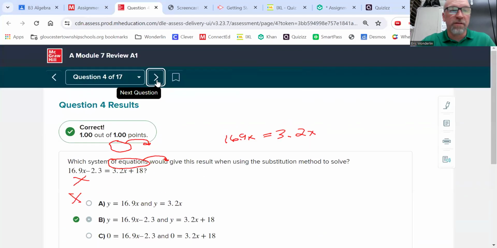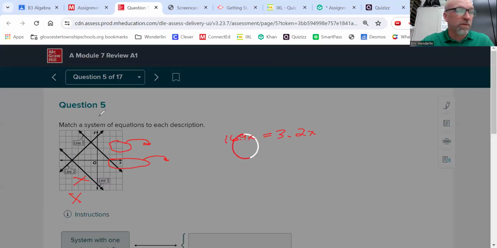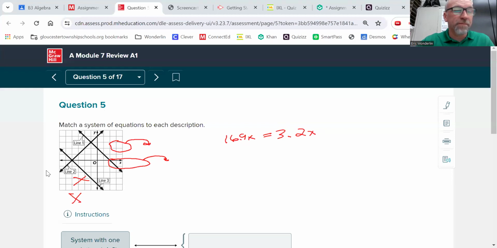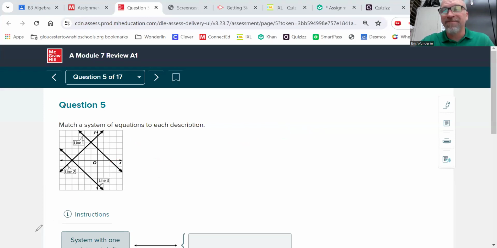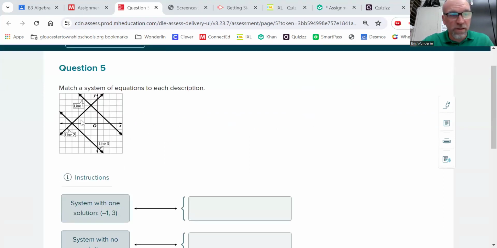Let's see if I can erase all this writing. Maybe the toughest question on the whole test. If not, definitely second toughest. You've got 3 lines. Line 1 and line 3 are parallel to each other. Line 2 runs across them, looks perpendicular.